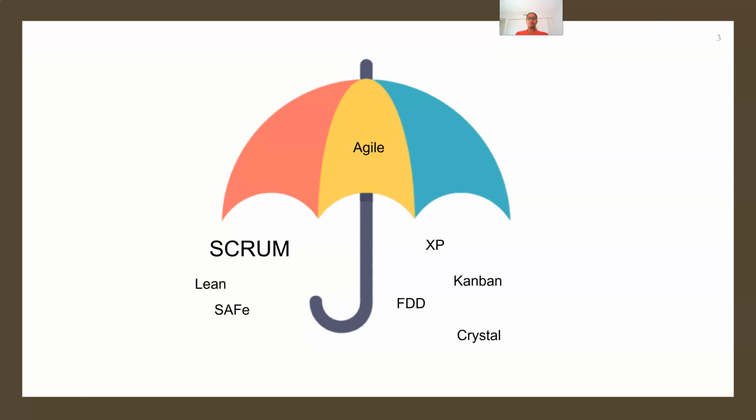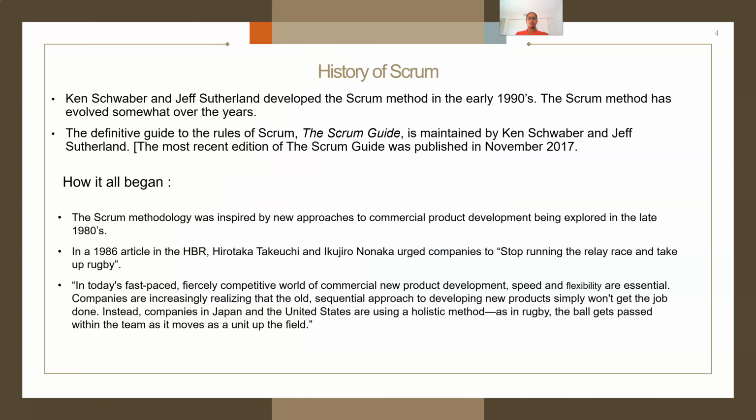Scrum is not only one of the most widely used software development methods in the Agile world, but also one of the most popular frameworks. Scrum was born out of manufacturing in 1986, and subsequently extended by the software development industry as an agile methodology.